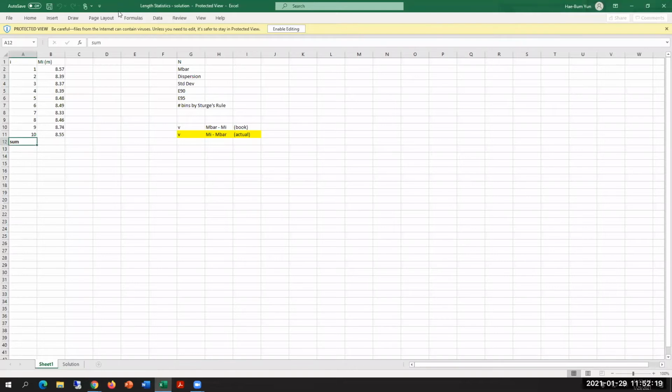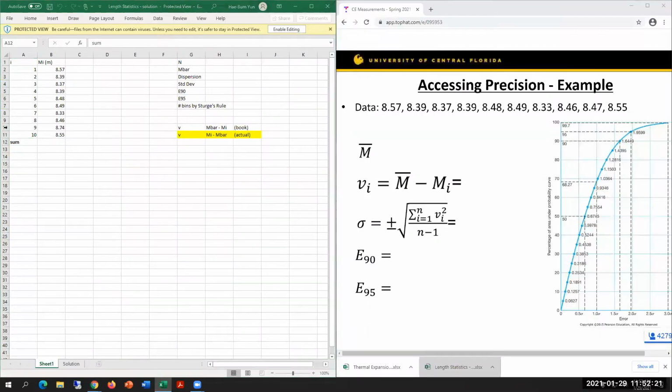Hey, Professor, is it the length statistics one? Yes, this is the length statistics. You can find that spreadsheet under module. Thank you, I just found it.